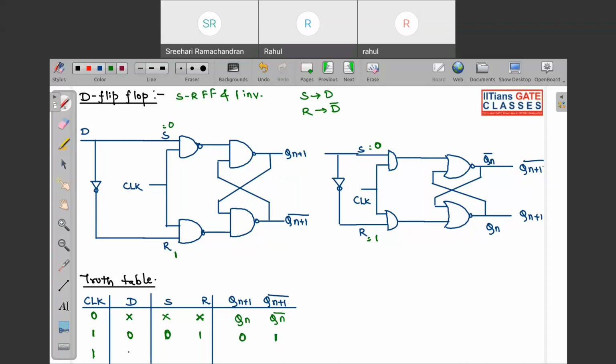Now assume D is 1. Then this point will be 1 and the other will be 0. So the set input in both cases is 1 and reset is 0.